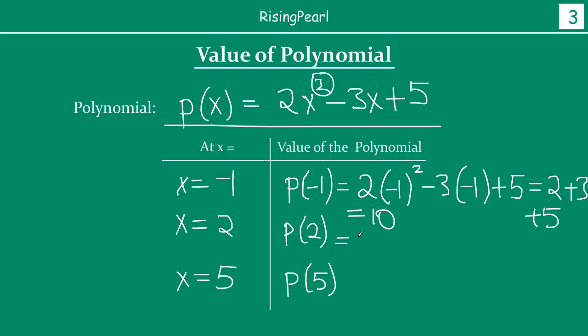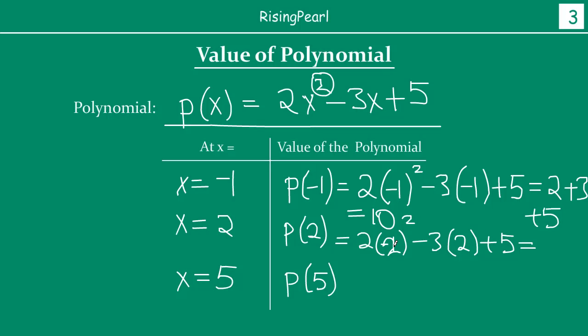Similarly for this one, it will be 2 times x squared minus 3 times x plus 5. Actually I should have put, we are taking x equal to 2 here. So 2 times 2 squared minus 3 times 2 plus 5.